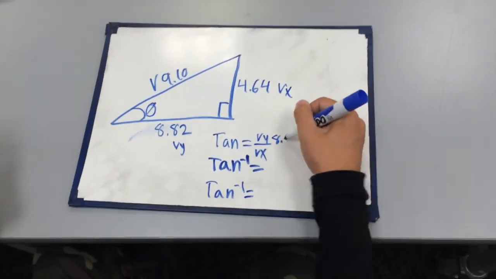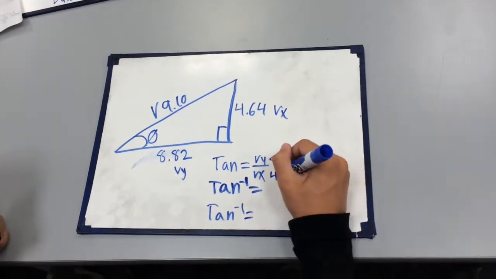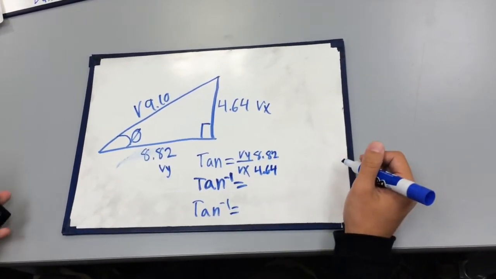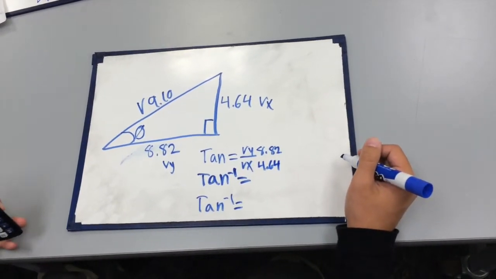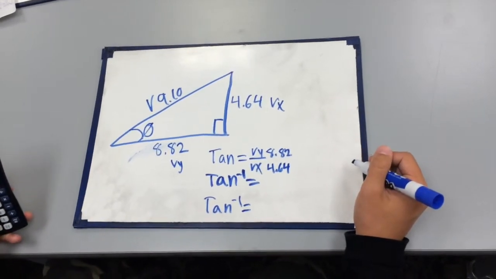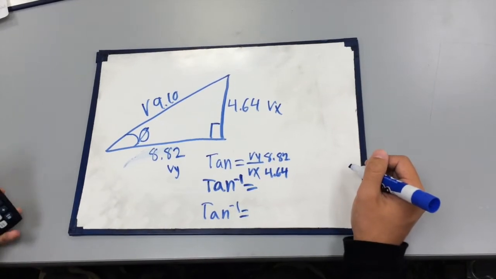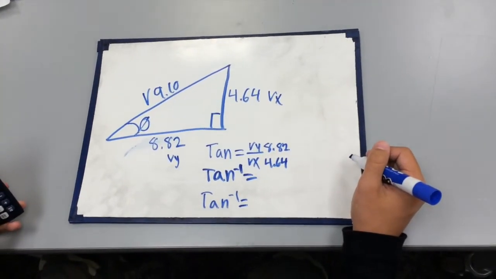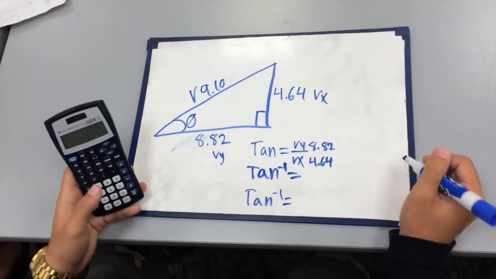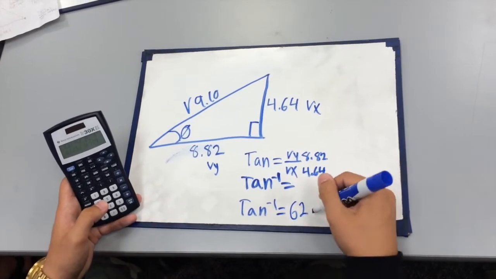So let's put in 8.82 and 4.64. Let's plug that into our inverse tangent. 8.82 divided by 4.64 equals out to 62. So that equals an angle of 62 degrees.